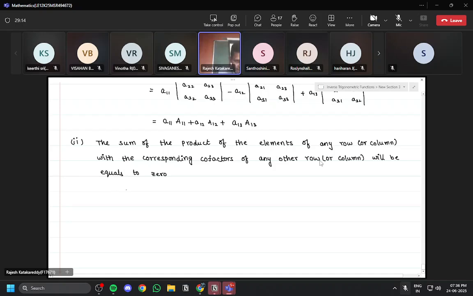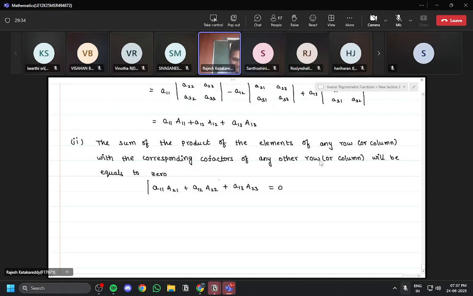We can say that if we are taking an order 3 matrix, for example, A11 into A21 plus A12 into A22, A13 into A23 must be equal to 0.